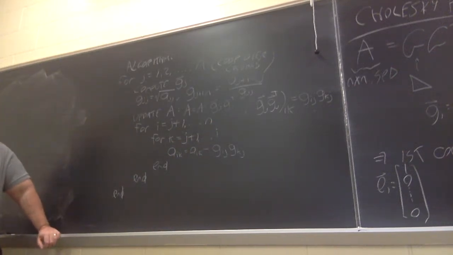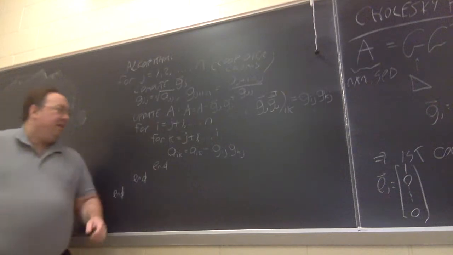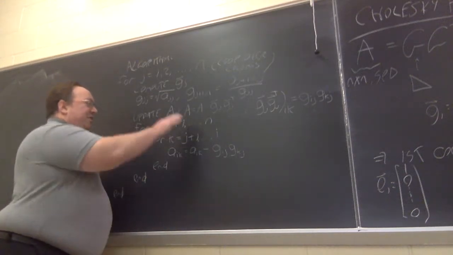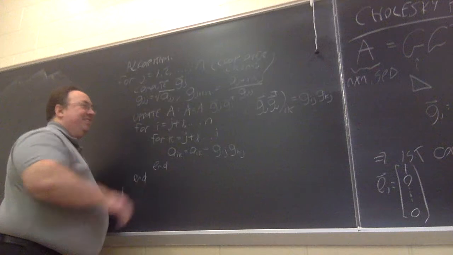And that's going to look completely incorrect. Like, why would you do that? You're only updating part of A. So why is it still okay? Here's why. This is my final iteration. You can write this down.